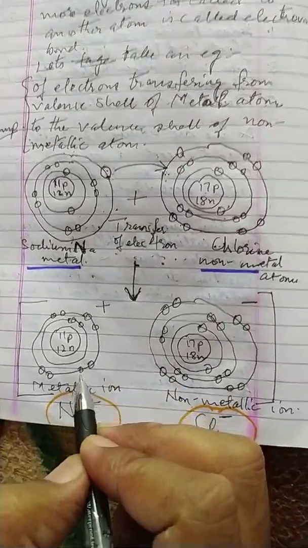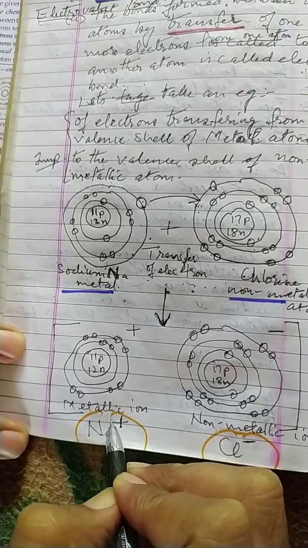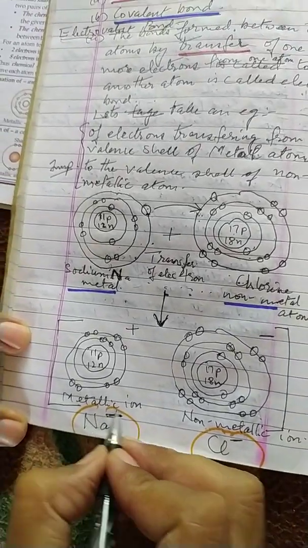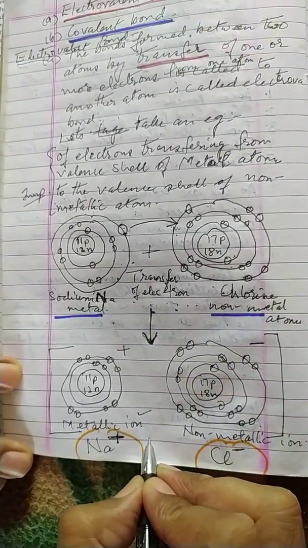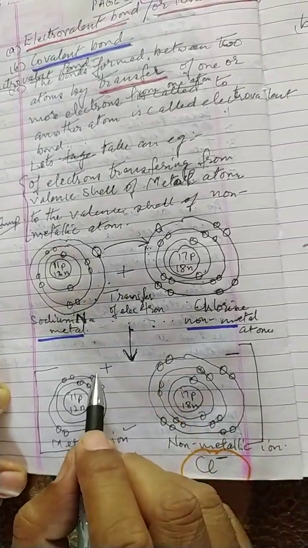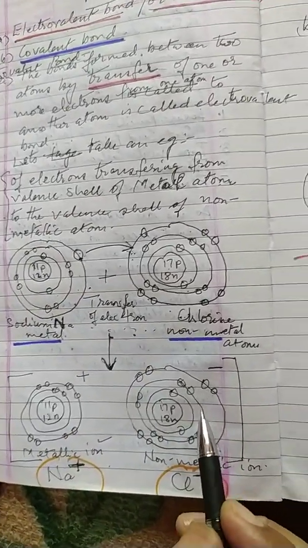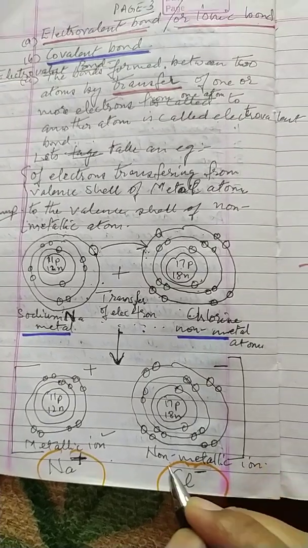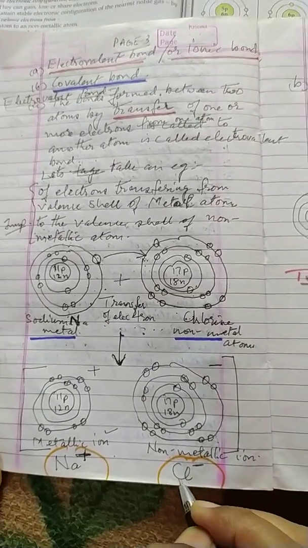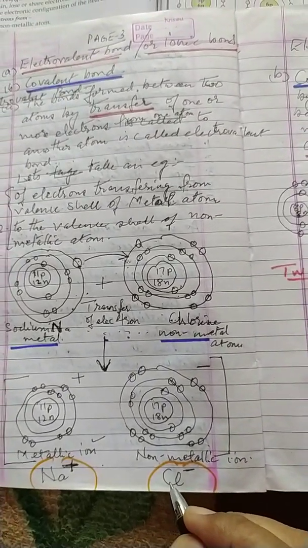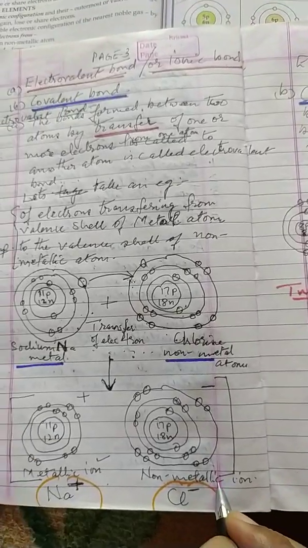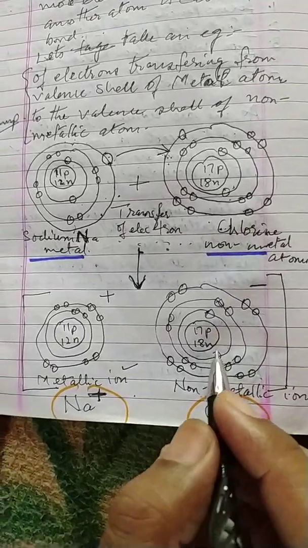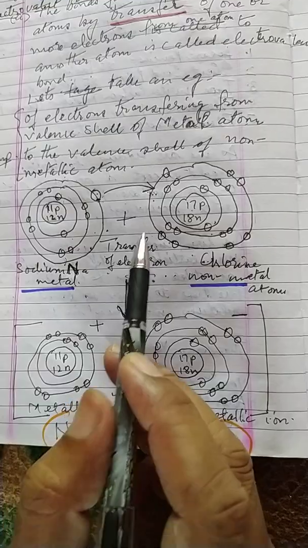So it has 1 positive charge on it. So it becomes a sodium ion, or a metallic ion of sodium. Likewise, chlorine now gains 1 electron. So the chlorine atom changes into a non-metallic ion. So in the ionic bond, we see why it's called an electrovalent bond.